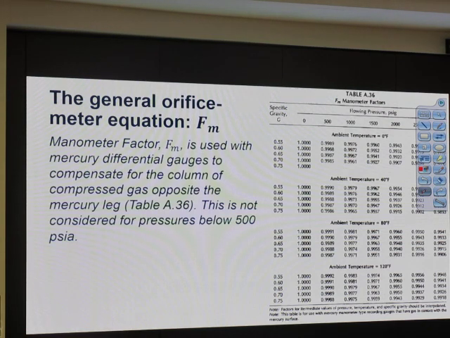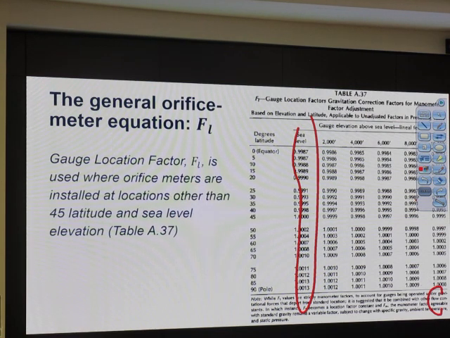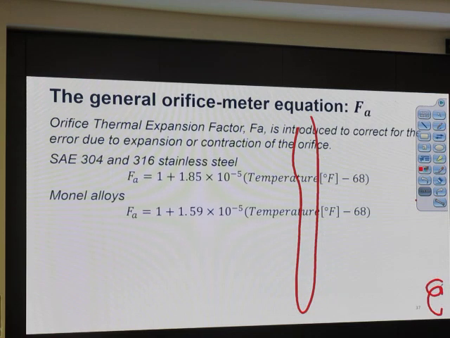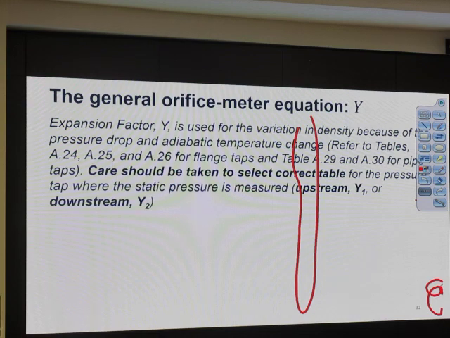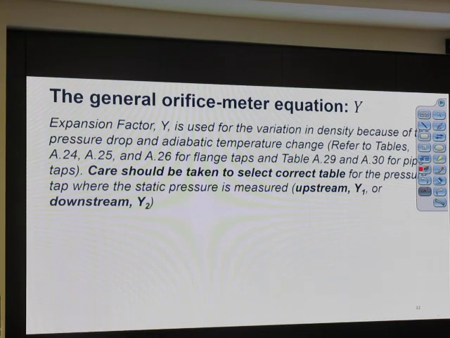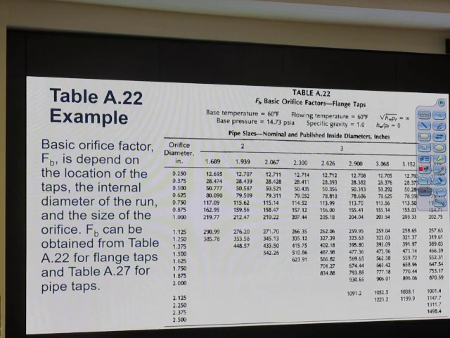Y1, look at this one, 1, and this is 0.9918. It doesn't change much. This is another parameter, 0.998 something, 1.00 something. So which one is most important, that we need to make sure is really correct, or the one that contributes most? F sub B, basic orifice factor.